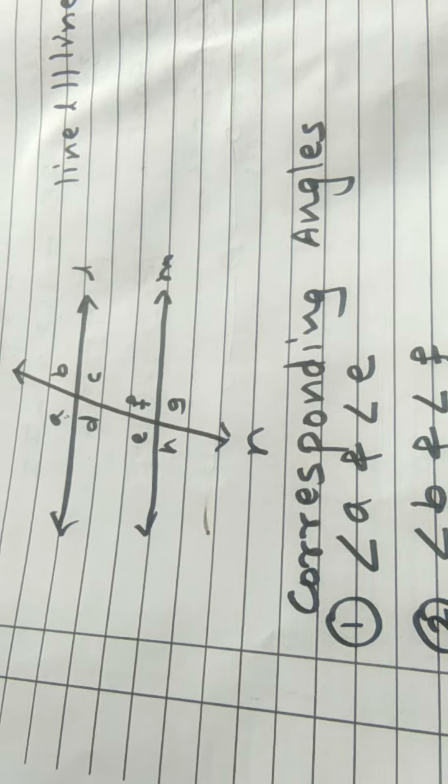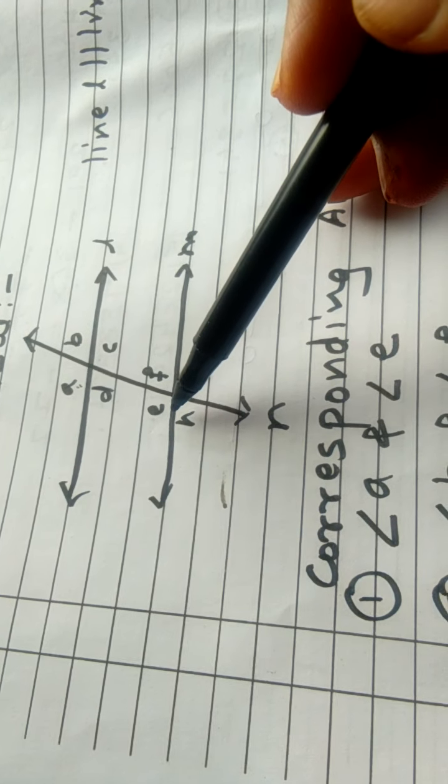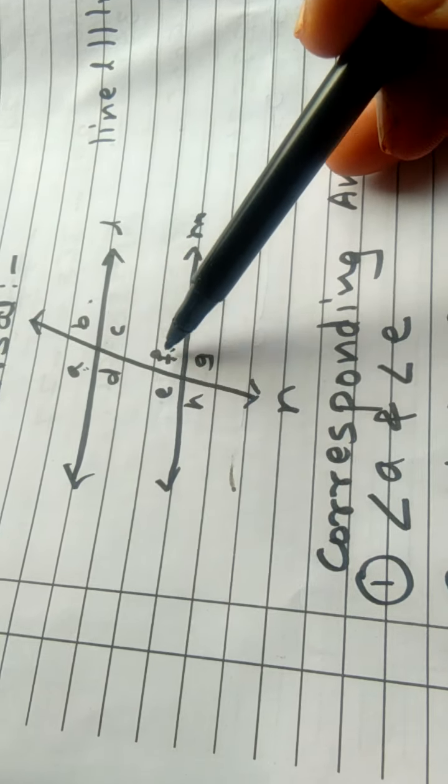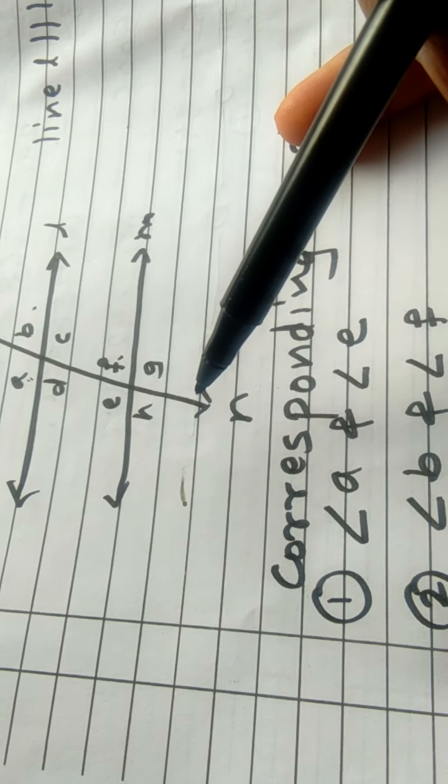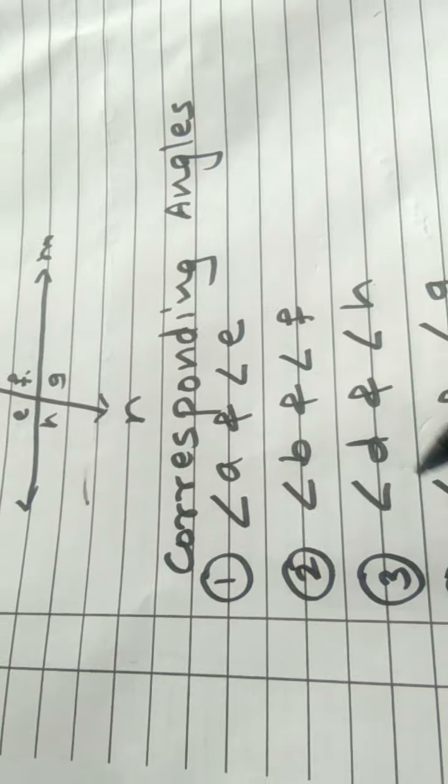See from the figure: A and E, B and F, D and H, C and G. Now you can understand which are corresponding angles.